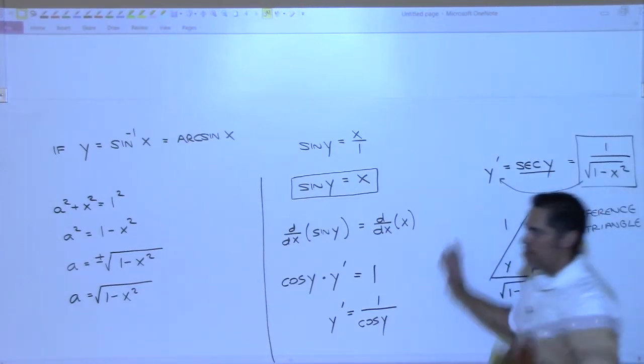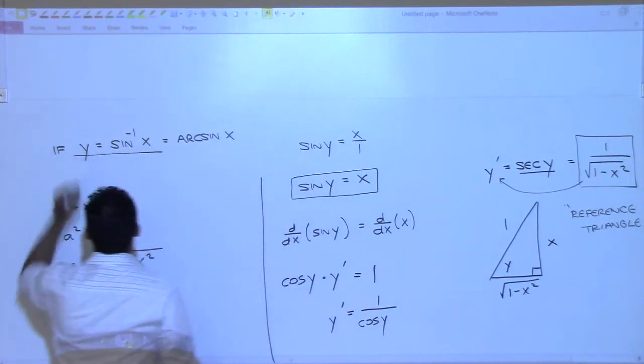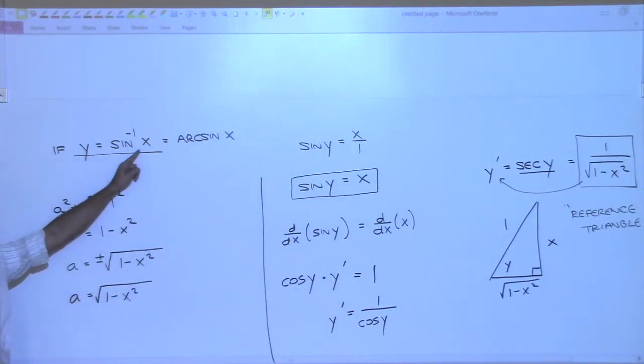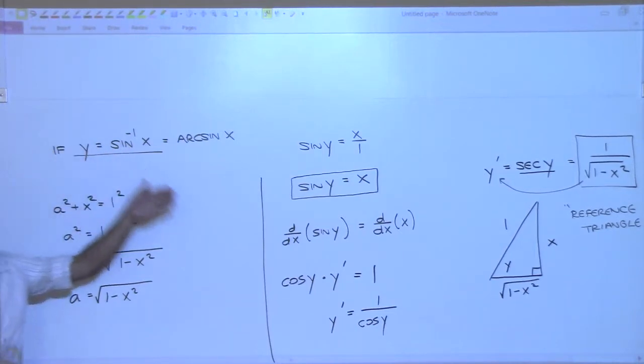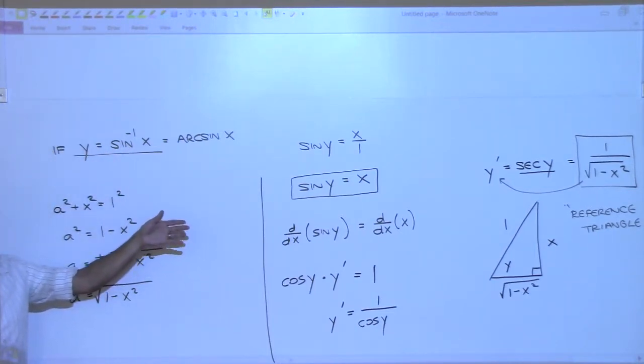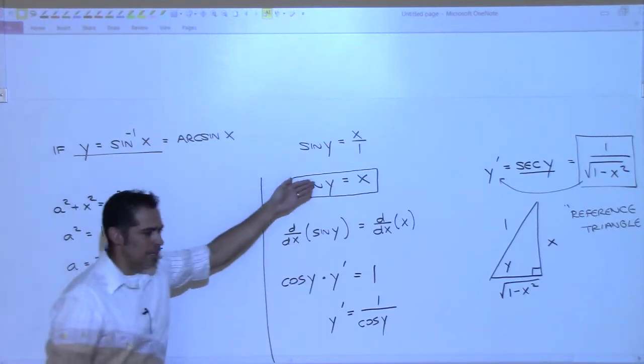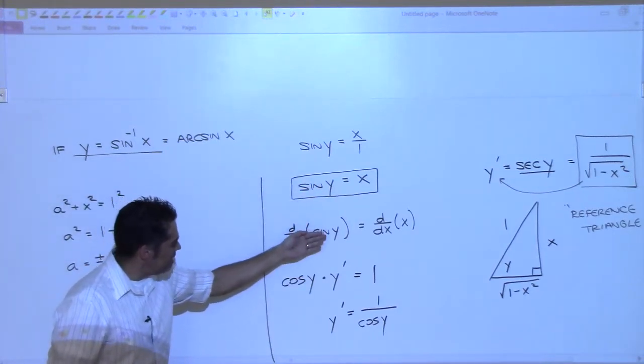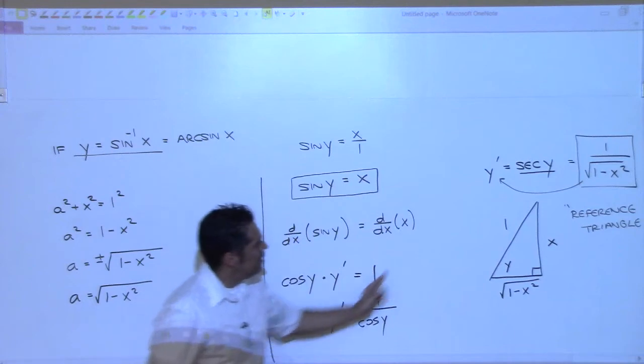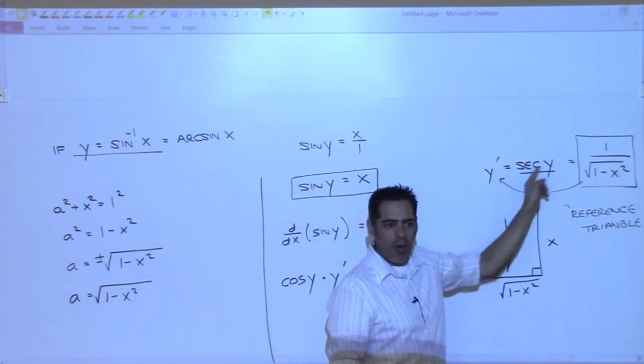So to recap, if we wanted to find the derivative of the inverse sine function, the first thing I did was take sine on both sides. Then I differentiated implicitly with respect to x. Once I did that, y prime pops out, but this over here has something with y in it.